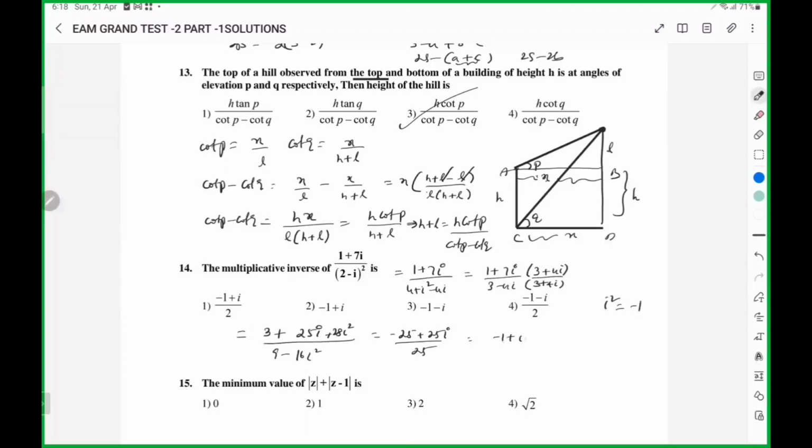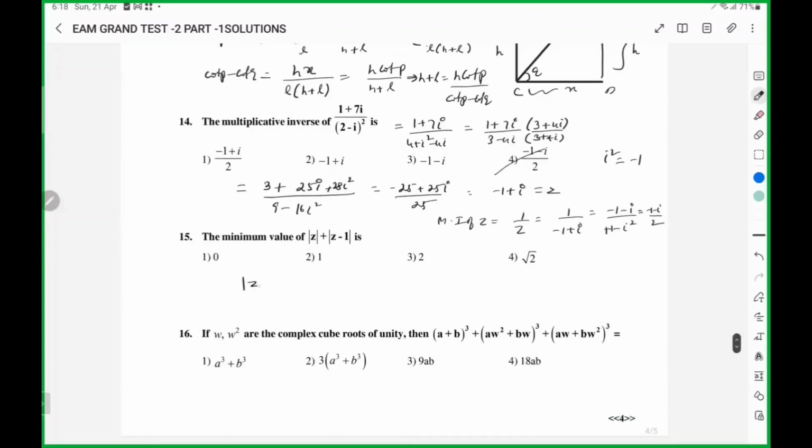So which is minus 1 plus i. The multiplicative inverse of z is 1 by z. So 1 by minus 1 plus i, rationalizing, gives minus 1 minus i by 2.